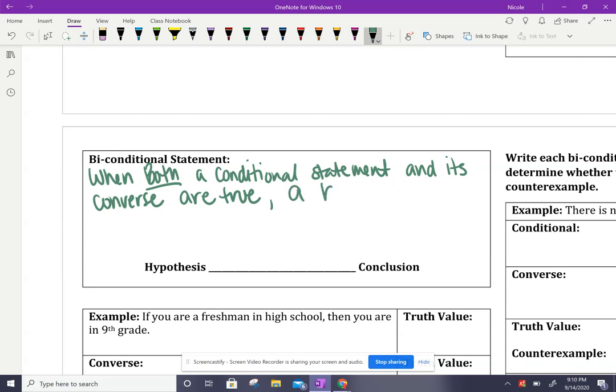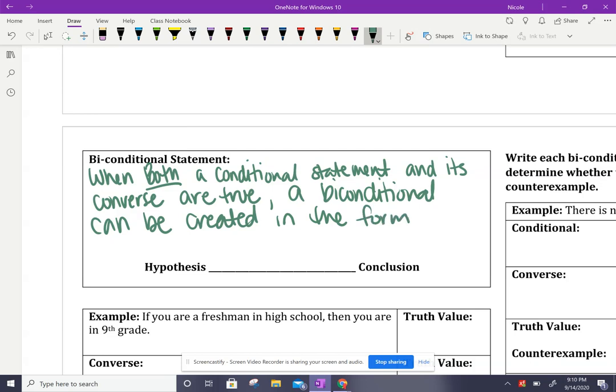Also, a biconditional can be created in the form hypothesis. So whatever your hypothesis is, if and only if, and then the conclusion.